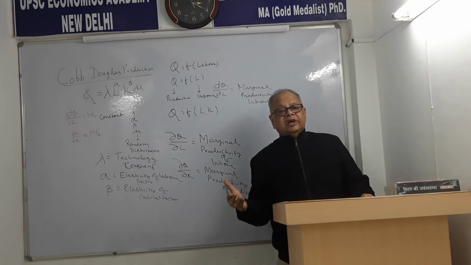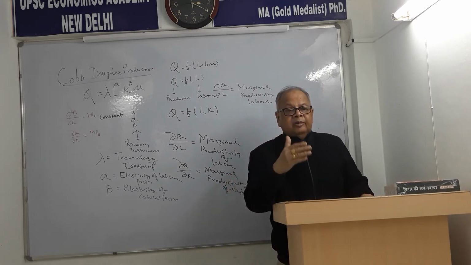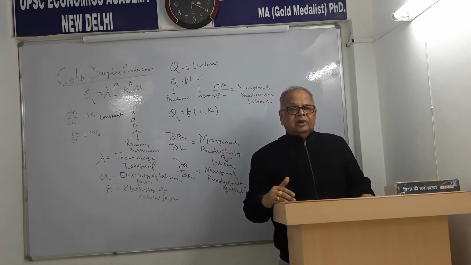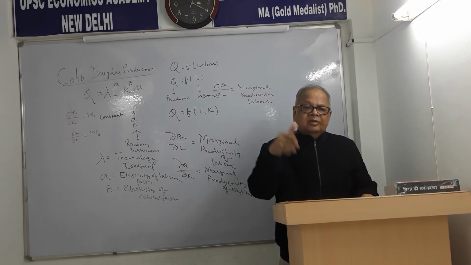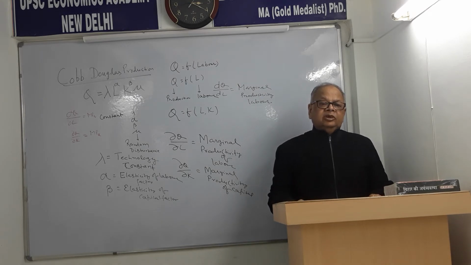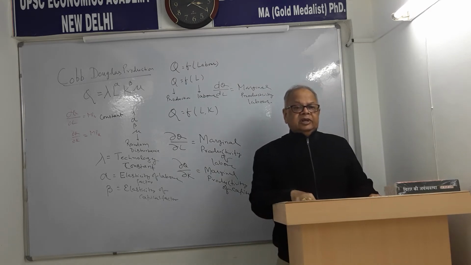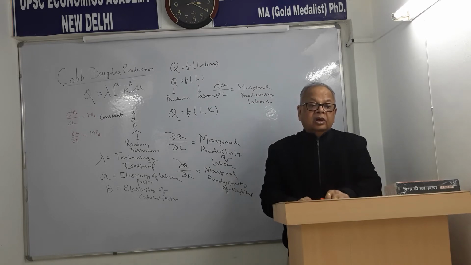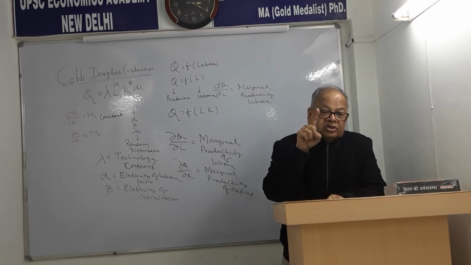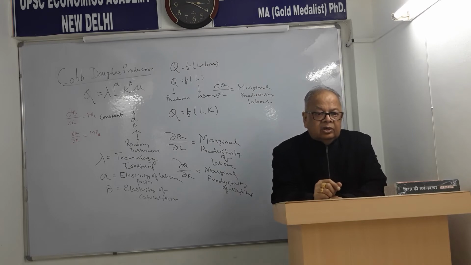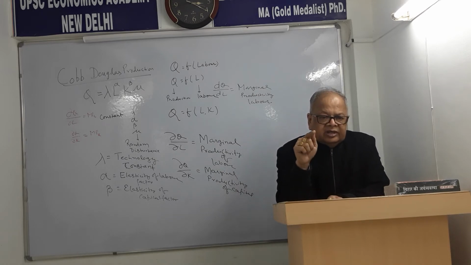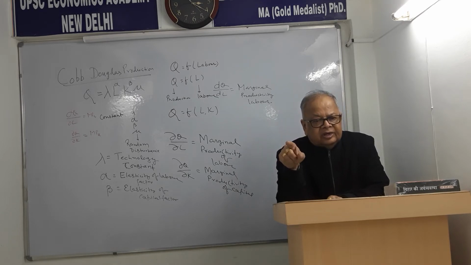What is the law of constant returns? If labor increases by 10% and production increases exactly by 10%, then this situation is known as law of constant returns.